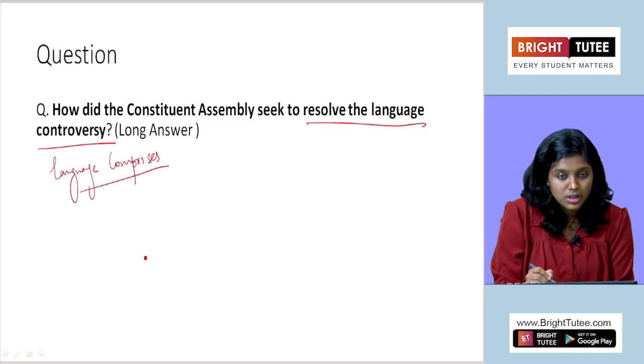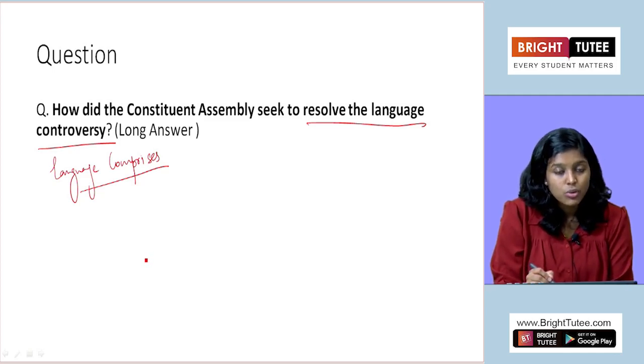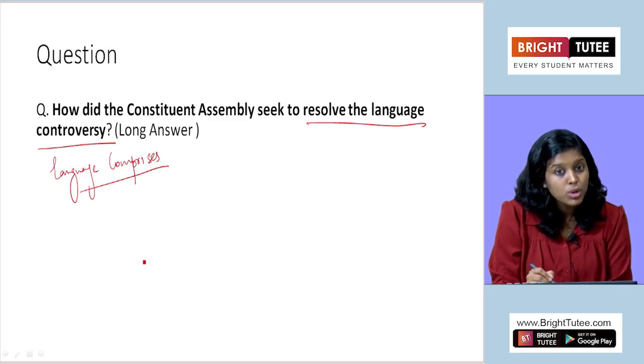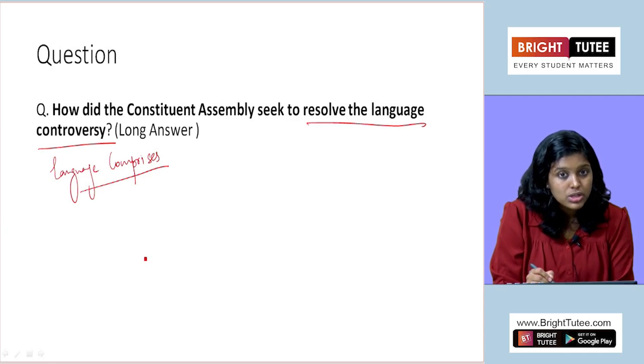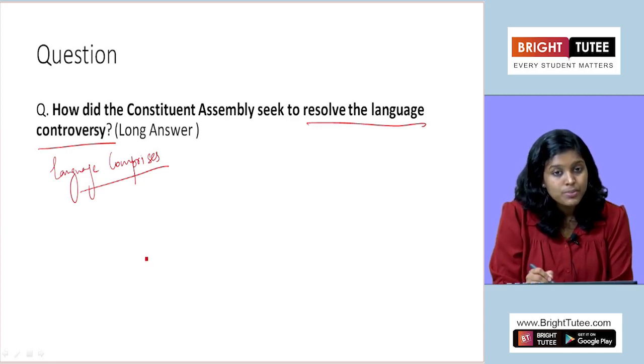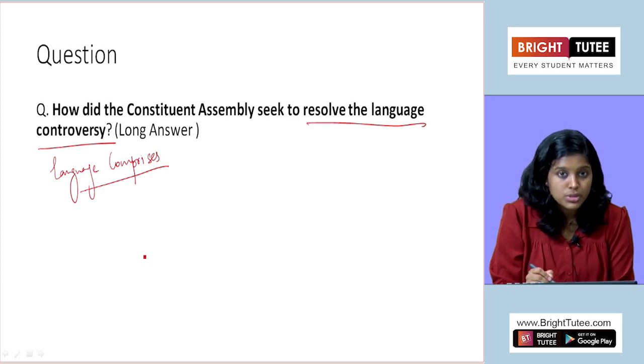It's a long answer question. So you'll have to talk about the debates going around and the people who are supporting Hindi as the national language, and how a section within the Constituent Assembly is opposing this approach, and how then the language committee brings a compromise through its report and proposal.